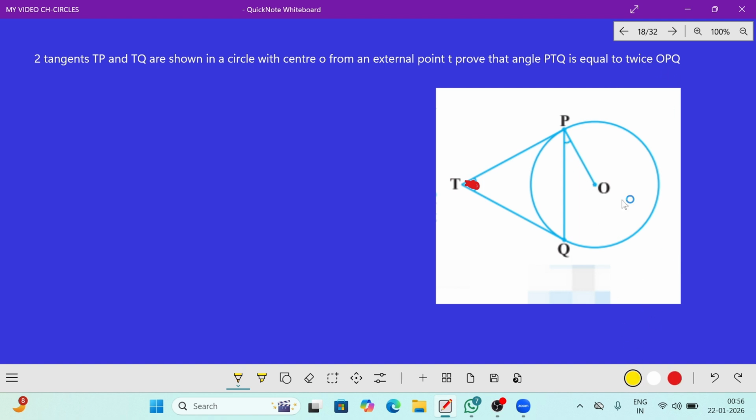This is your OPQ. So what do I have to show? I have to show that angle PTQ is equal to twice OPQ. This is to prove.